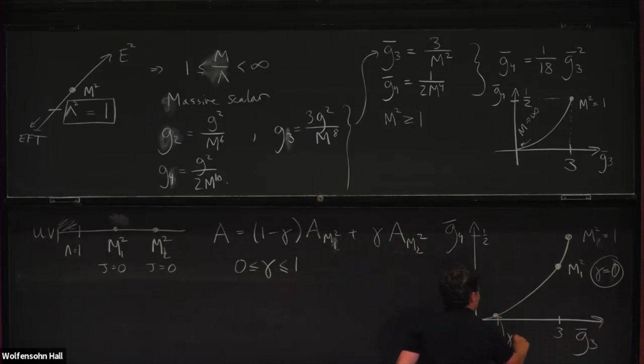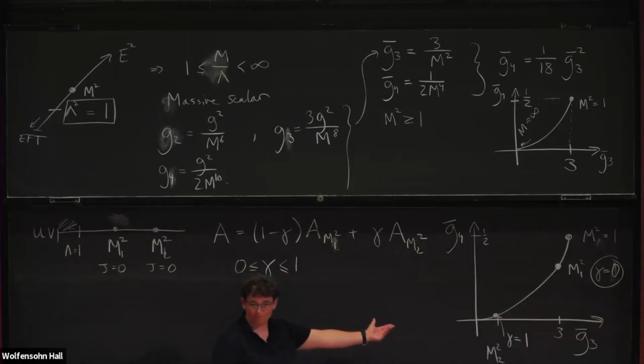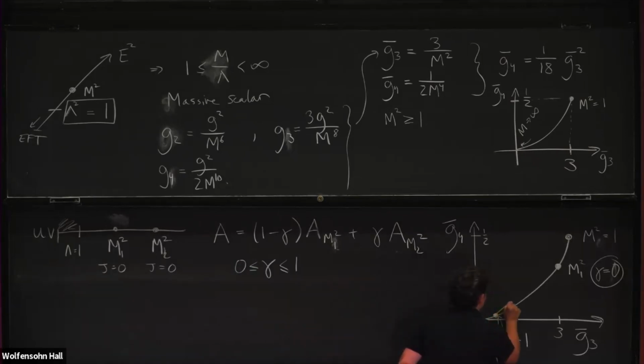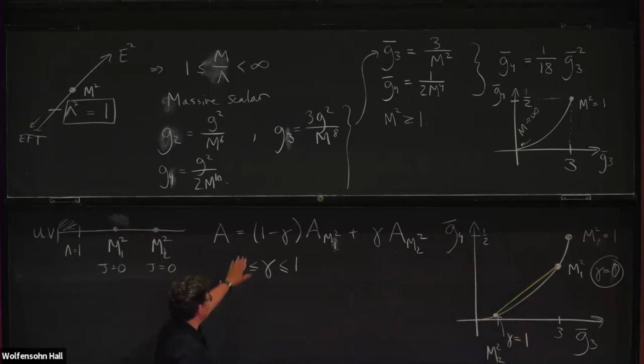So this would be gamma equals 1. Let's say that the M2 is much bigger than the M1 that sits further down. Then that can sit there. As I vary gamma for fixed masses between 0 and 1, I'm going to trace out a line. That line will be something that connects these 2 points. And that has simply to do with the fact that this is a linear combination. It's linear in gamma. Even if I take the ratio, it still just traces out a line in the projective space.